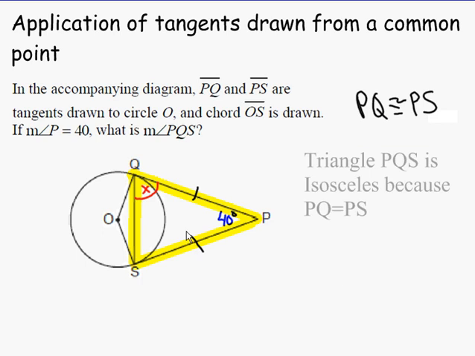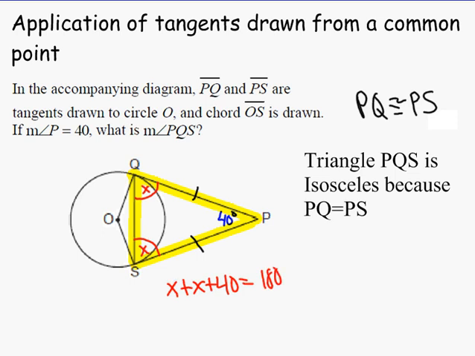Triangle PQS is isosceles because PQ is congruent to PS. So these are base angles over here, and angle P is a vertex angle. So I can make this X as well.